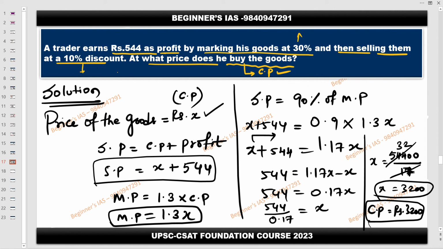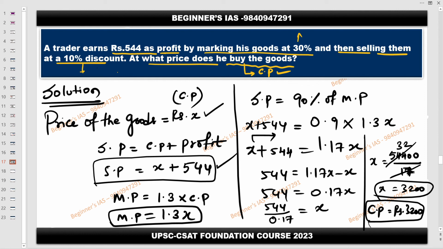So cost price plus profit is nothing but the selling price. I know the cost price is x, and profit is already provided, 544. So in order to calculate the market price, the market price is nothing but the cost price into some percentage. I don't know the actual market price.